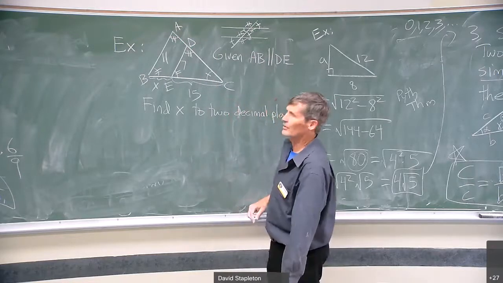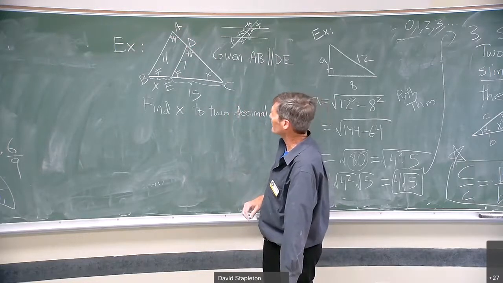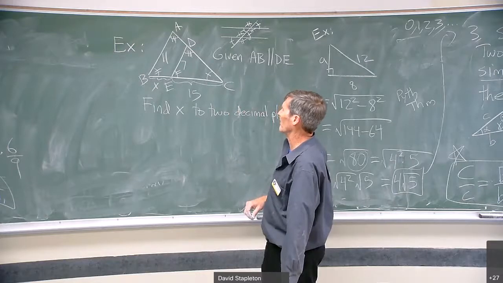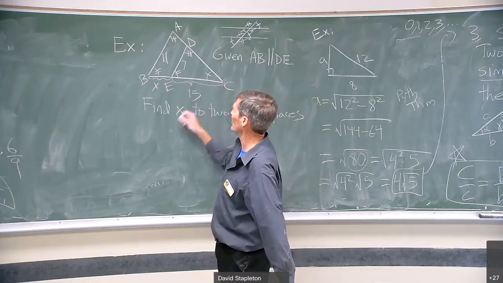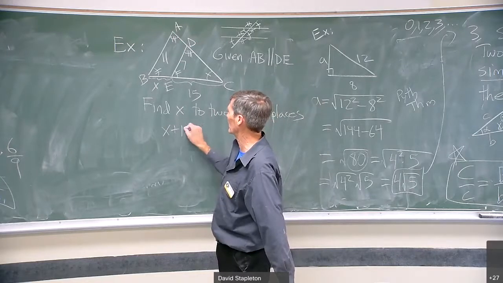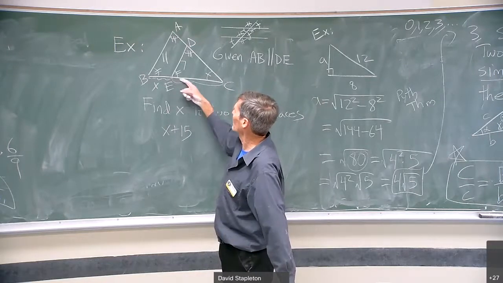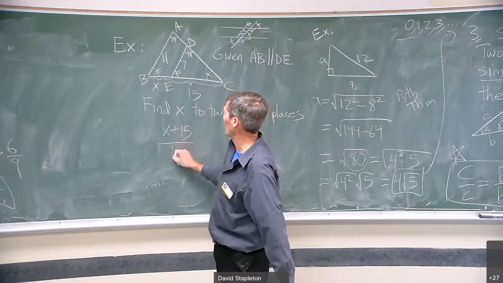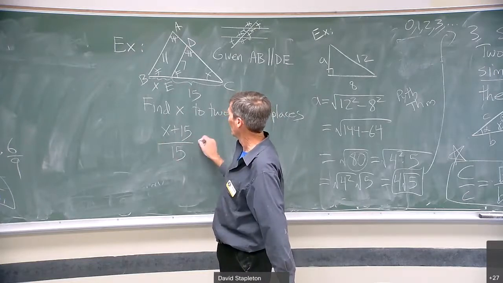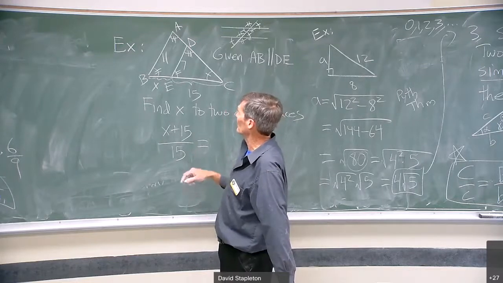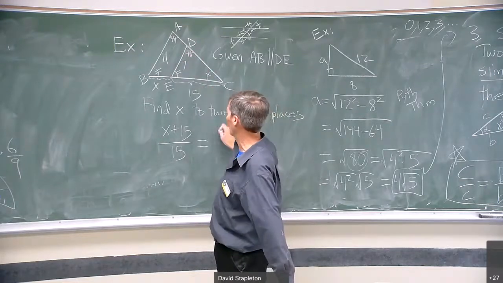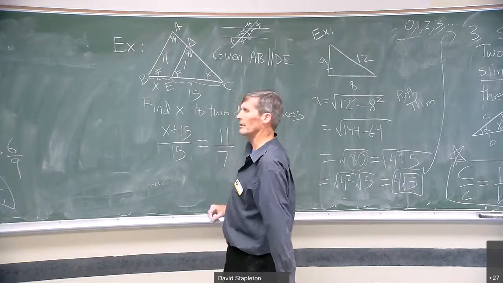Now we see we have similar triangles, right? With similar triangles, this side of the large triangle, x plus 15 is its measure, corresponds to this side of the smaller triangle, 15. That should be the ratio, the same as the ratio of any other 2 corresponding sides, such as 11 to 7. So we can write this ratio down, right?